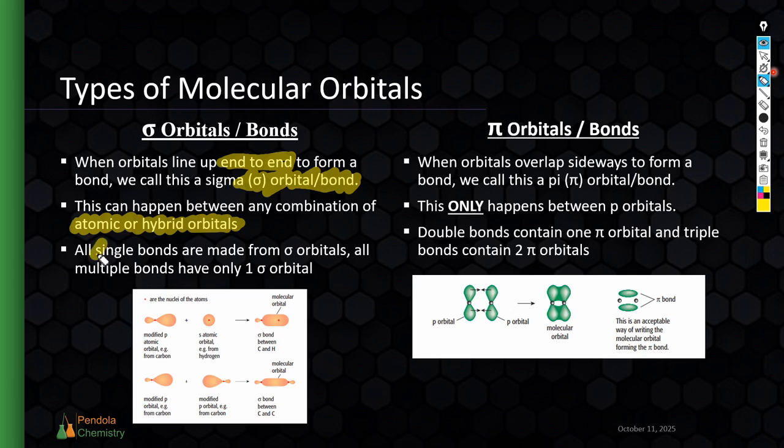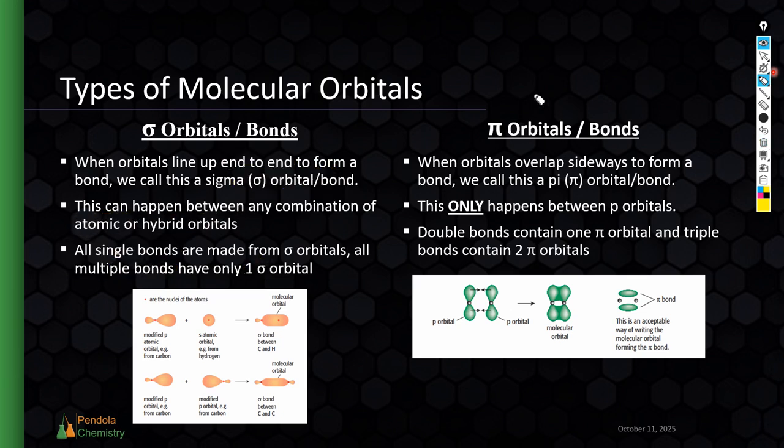And every single bond you see in a molecule is always made out of this sigma bond. If you have multiple bonds, one of those multiple bonds, so if it's a double bond, one of the two, if it's a triple bond, one of the three, will be a sigma bond. So this is giving you a better understanding of what a bond actually is. Not just the fact that it connects two atoms, but what happens to the orbitals when those bonds are created.